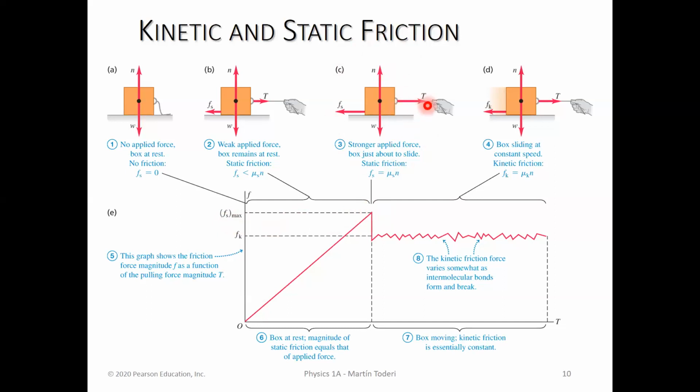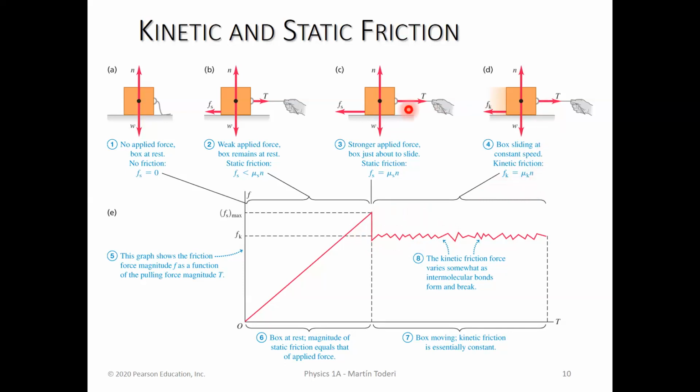And if we keep pulling with a bigger tension, then that relationship will break, and we'll start moving the object. In the actual graph of tension and friction, it will go down here, and then we'll have a roughly constant kinetic friction, which is not strictly constant, as we said before, and which will be equal to mu kinetic multiplied by the normal.